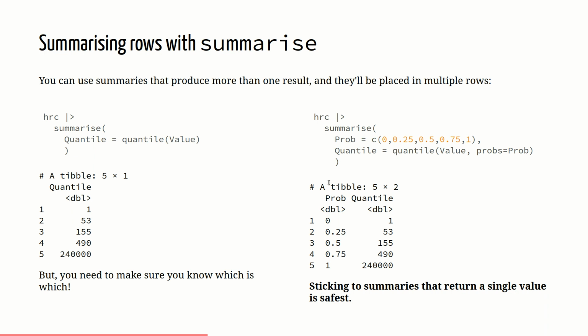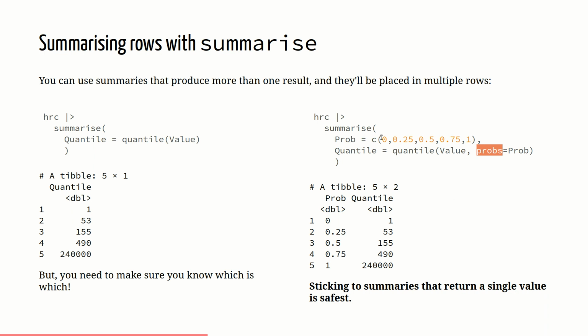A slightly better way of doing this is if you do want to use summaries that return multiple results, then make sure that you label them. So in this case, I've set up a probability vector or list of numbers, if you like, which is combining 0, 0.25, 0.5, 0.75, and 1. And then I'm using that in the quantile function to make sure that I get those corresponding quantiles. So the probs argument of quantile are the different probabilities that you're evaluating the quantile at.